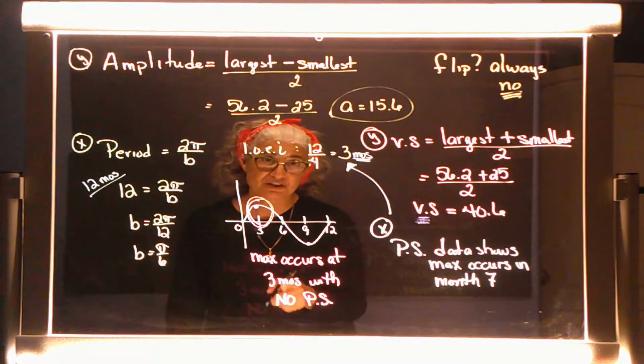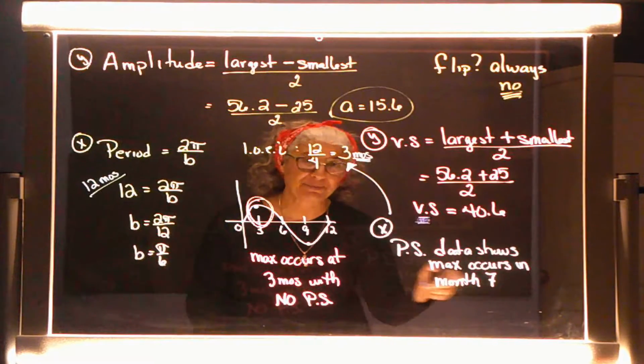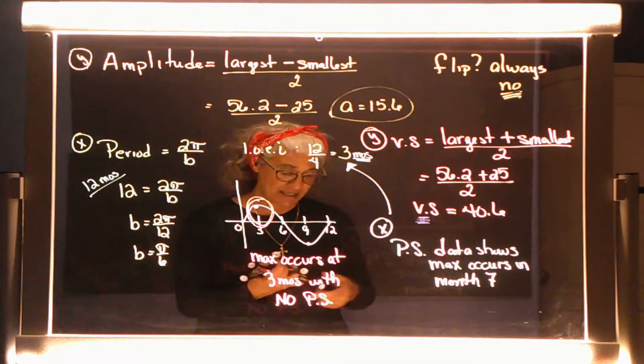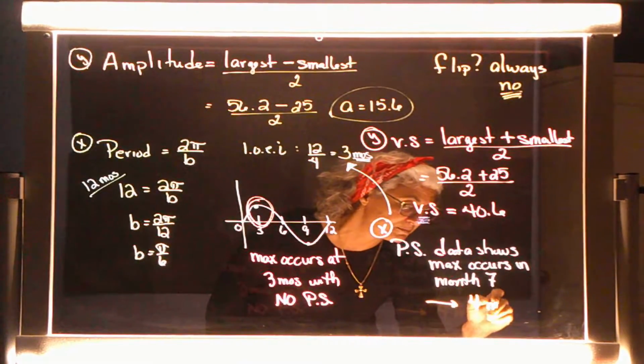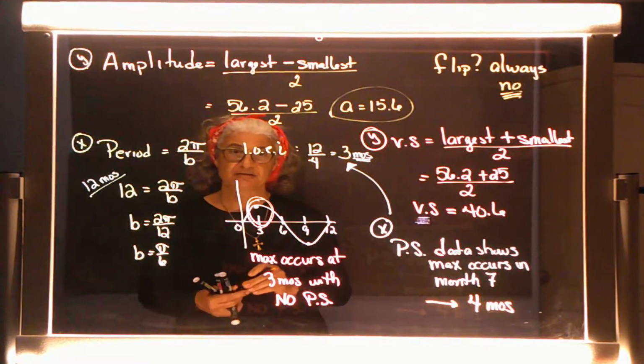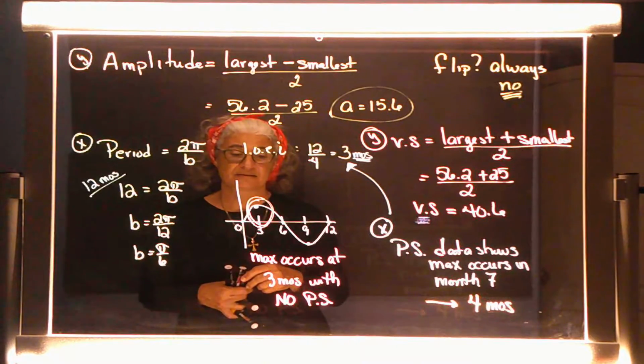No phase shift tells me the max should have occurred at 3 months. Well, if it should have occurred at 3 months, but it happened at month 7, that means I do have a shift. I have a shift to the right of 4 months. Are you with me?